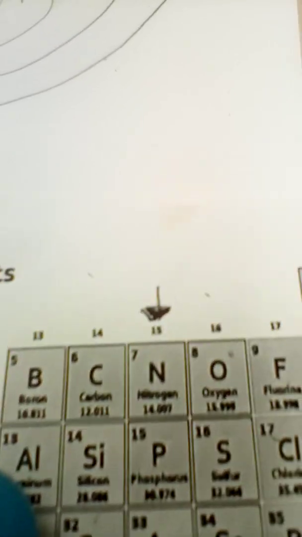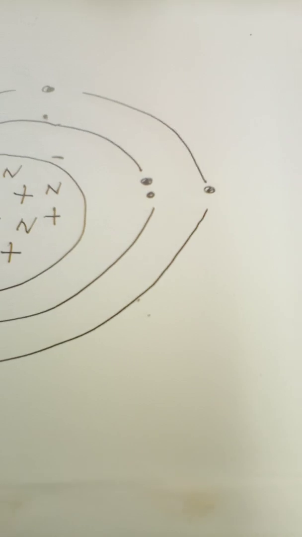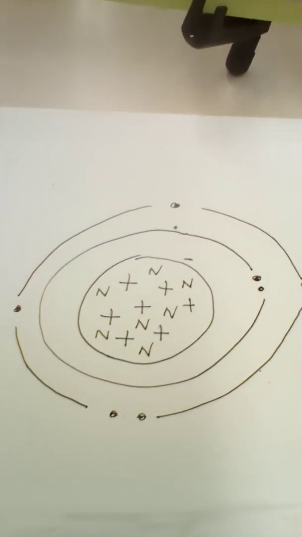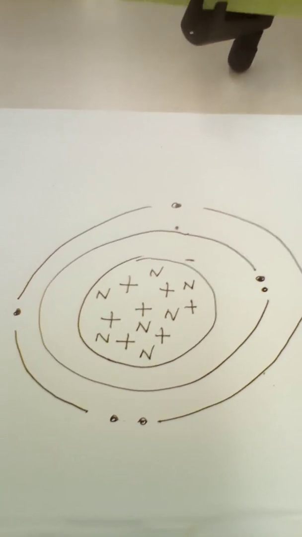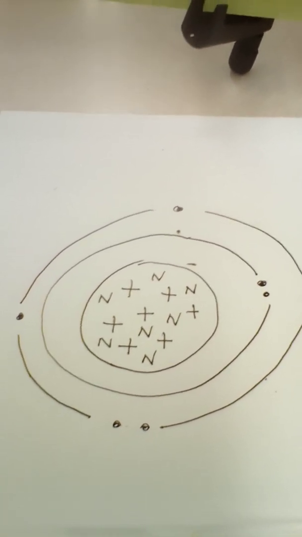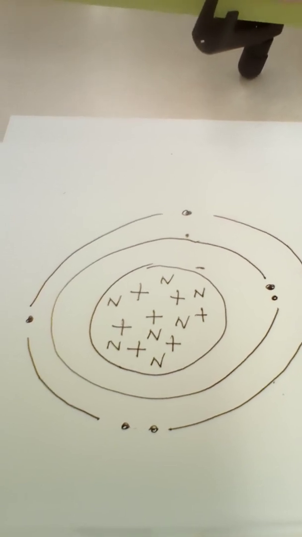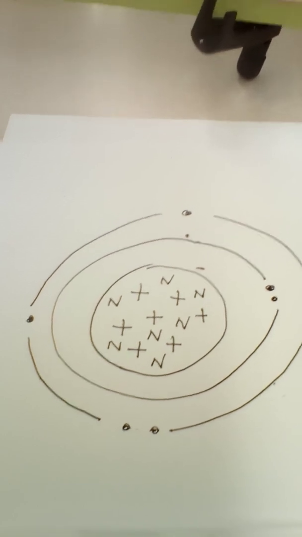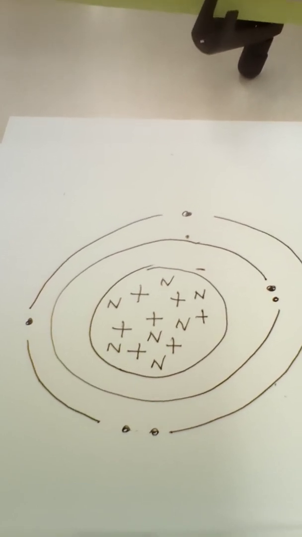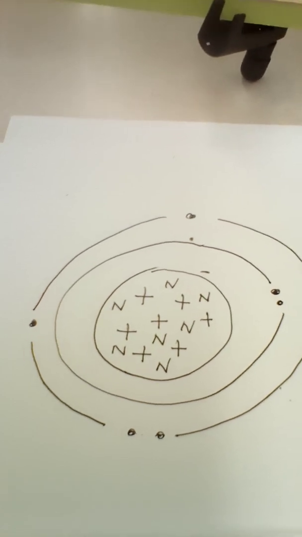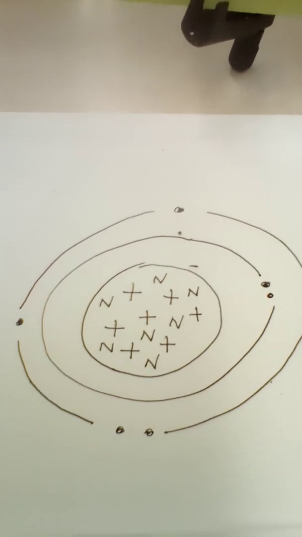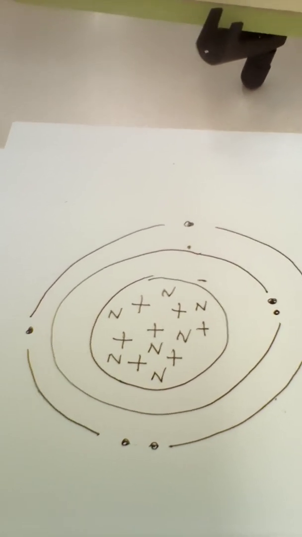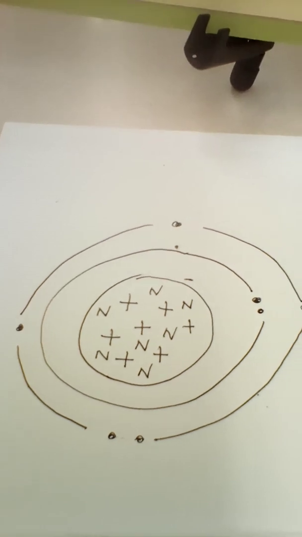Let's look at a model, what they call a Bohr model, B-O-H-R. You can see the nucleus with 7 positive charges, 7 protons, then 7 neutrons, or 7 neutral particles. So the nucleus has 14 particles altogether. That's your atomic mass. Then you have your electrons.